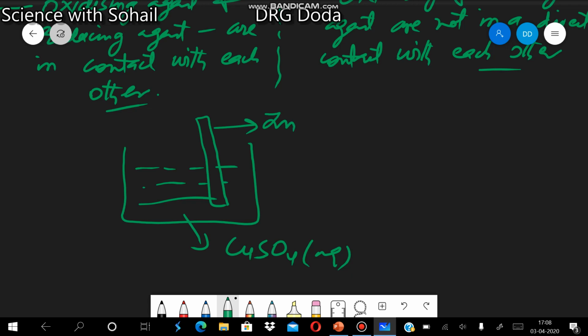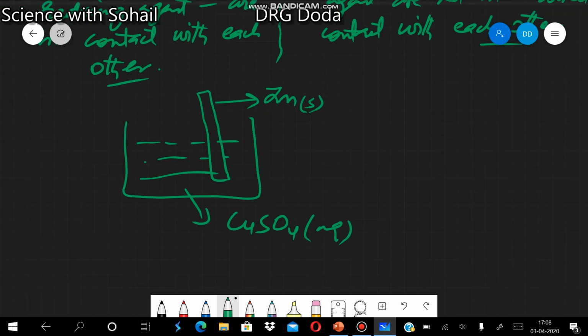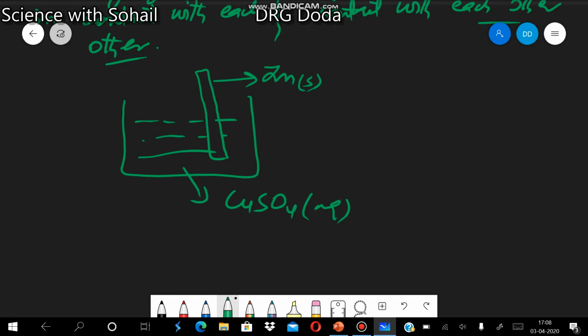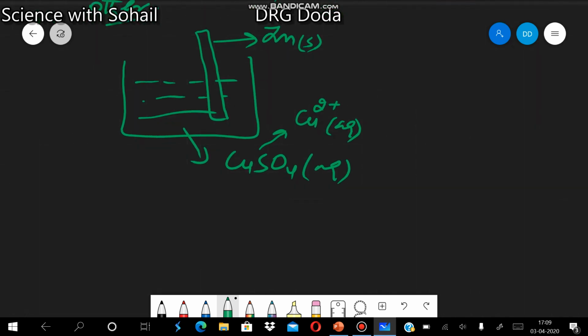in this solution. Now we know that in the zinc rod there are atoms of zinc, and in copper sulfate solution there are copper ions, that is Cu2+ aqueous, present in copper sulfate. And when we dip the zinc rod in the copper sulfate solution, what happens? The zinc atoms and the copper ions undergo exchange of electrons.